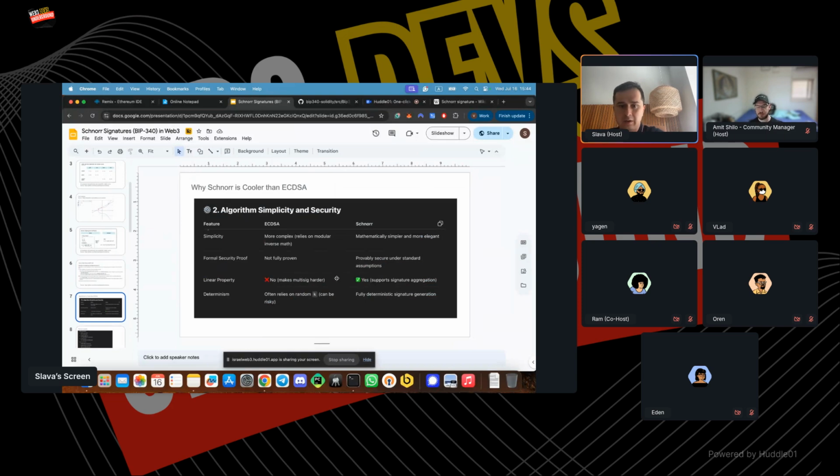What does it mean? Before Schnorr signatures on the Bitcoin blockchain, multisig was implemented in the following way. You unlock some UTXO on the Bitcoin blockchain by providing k out of n signatures. Every public key of the signatures that is going to be checked needed to be recorded in the UTXO. Every public key is 32 bytes.